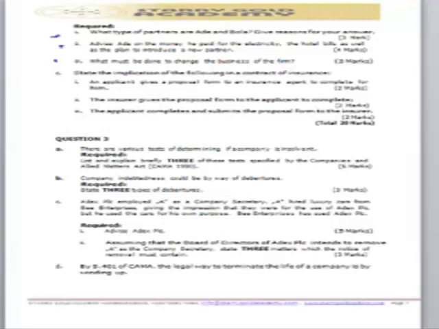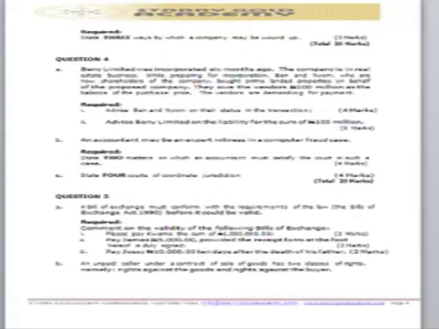Let's go to D aspect. By section 401 of CAMA, the legal way to terminate the life of a company is by winding up. Look at the requirement: state three ways by which a company may be wound up.